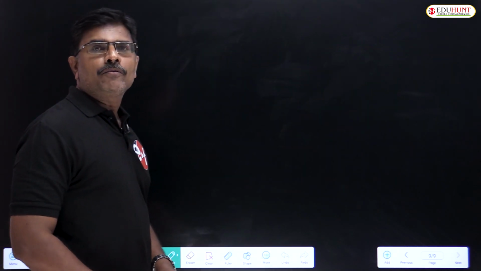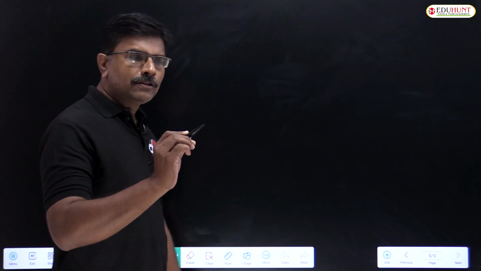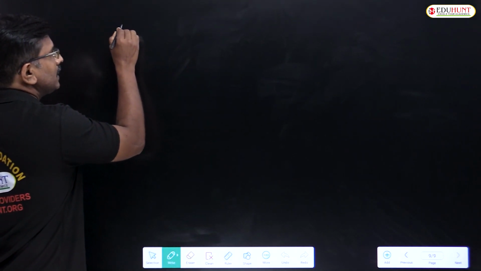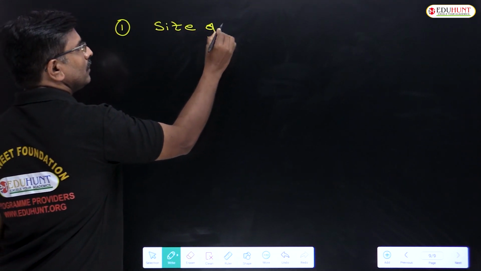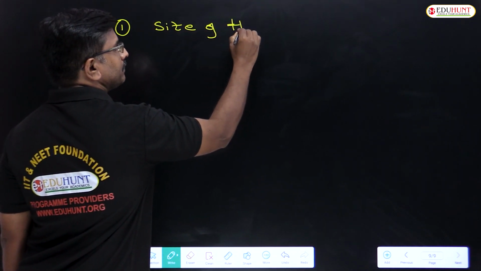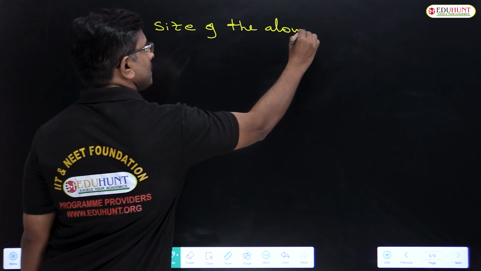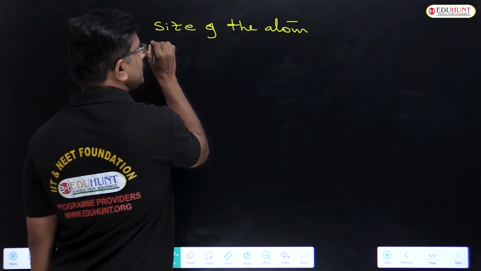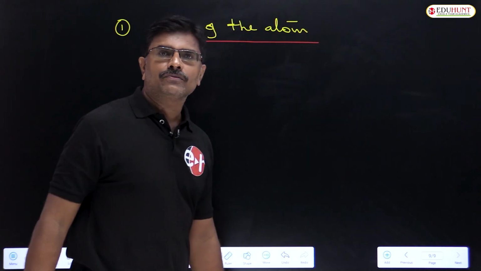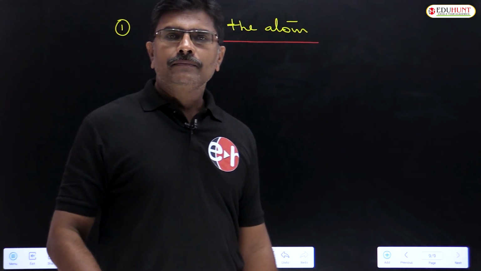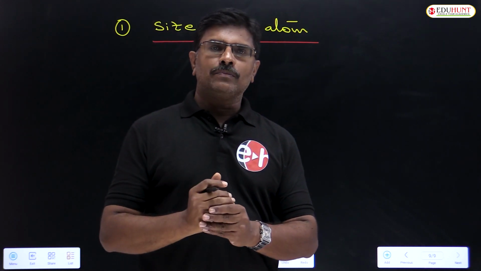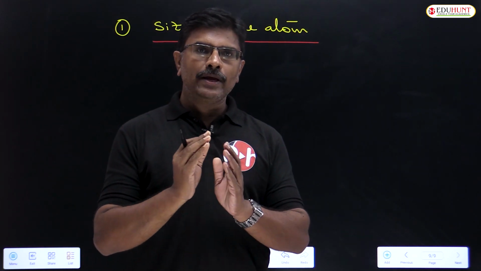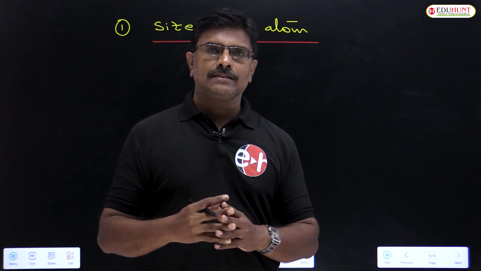Now let us consider this. The conditions favorable for the formation of cation, the first condition that we are going to consider is size of the atom. Please observe, this is the first condition, size of the atom. Simply for the cation to form, the atom should be with larger size.